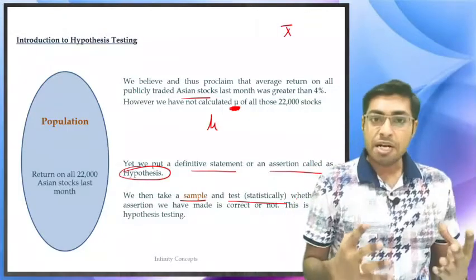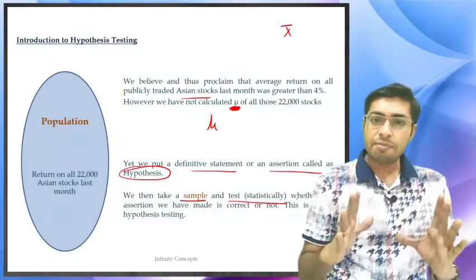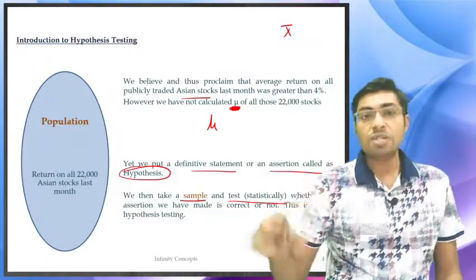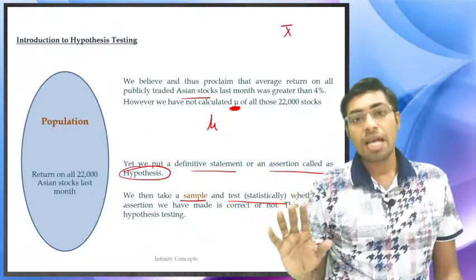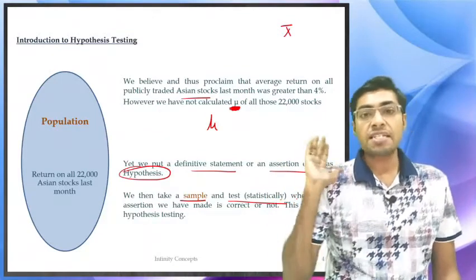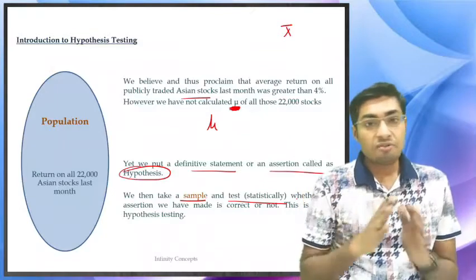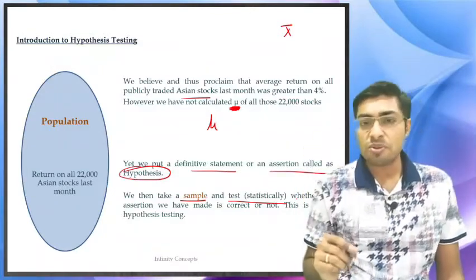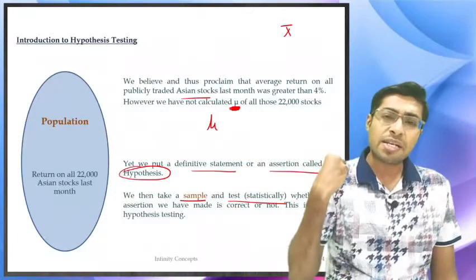The statement will be, just as an example, that the return on all those 22,000 stocks last month was greater than 4%. Now, we have not done any analysis, we have not actually calculated the mean of those 22,000 stocks, but yet we have made a statement in the market.